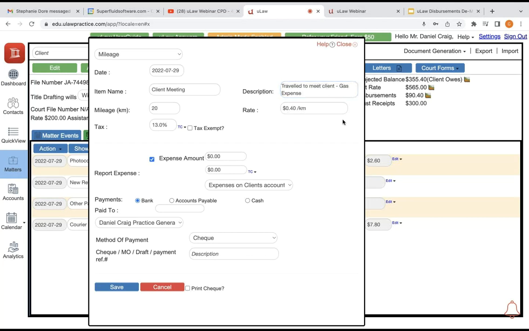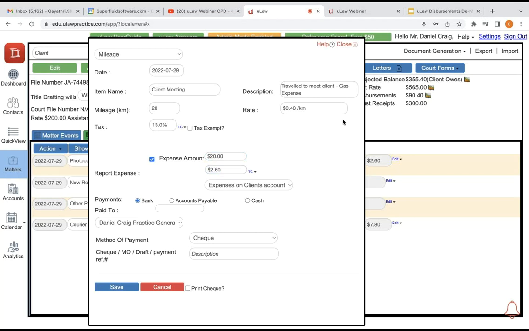Okay, pretty simple, understandable. Here, the expense amount could be entered because you're also charging the client either the same amount or a different amount than the actuals that you've spent.